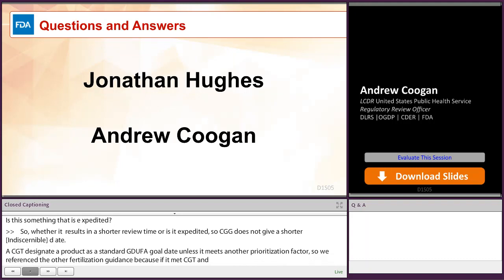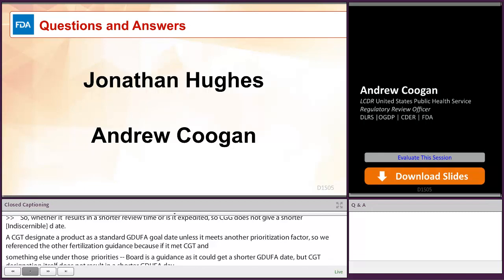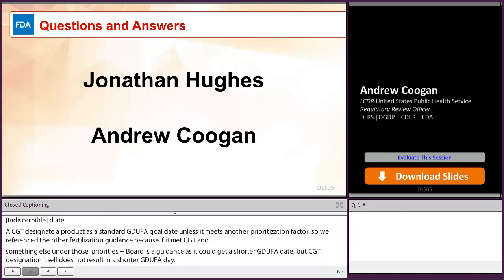So we've tried to stress in this, we use all the mechanisms that we've described, the pre-ANDA meeting process, the utilization of mid-cycle review meetings, and the cross-platform teams to review the applications.